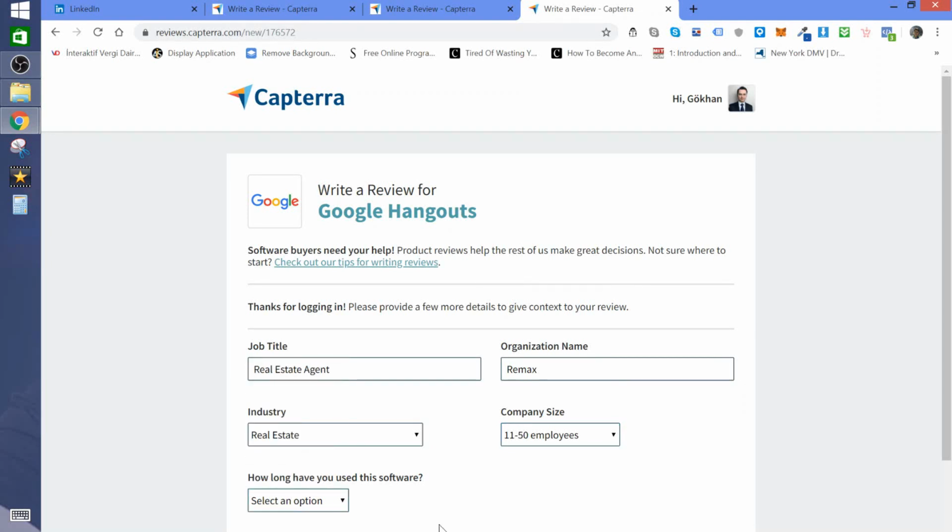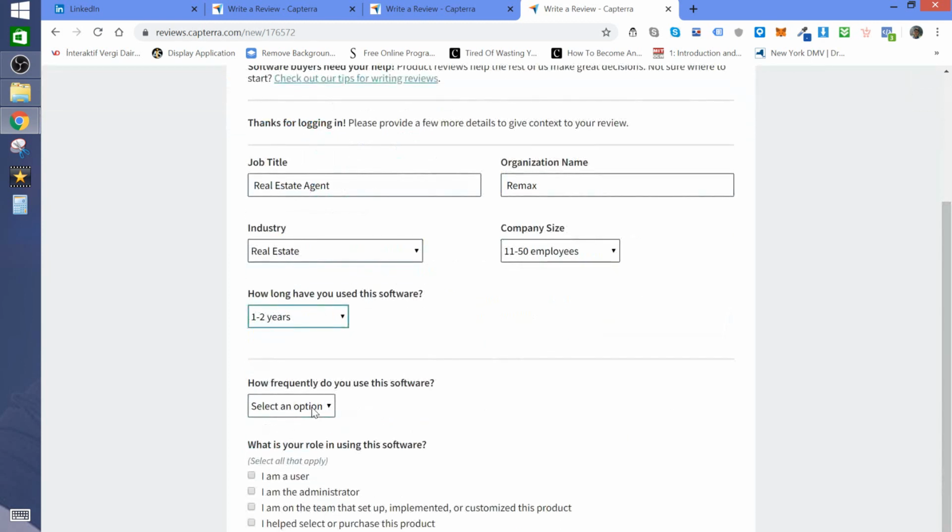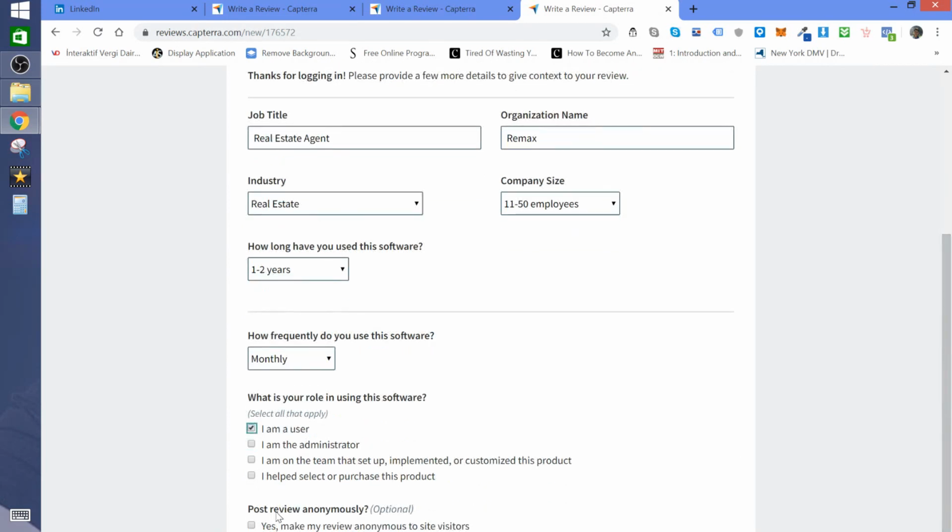Hangouts. It asks, how long have you been using this software? One to two years. Weekly or monthly. I'm a user. What's your role in using this software? It asks whether to post the review anonymously. It doesn't matter.